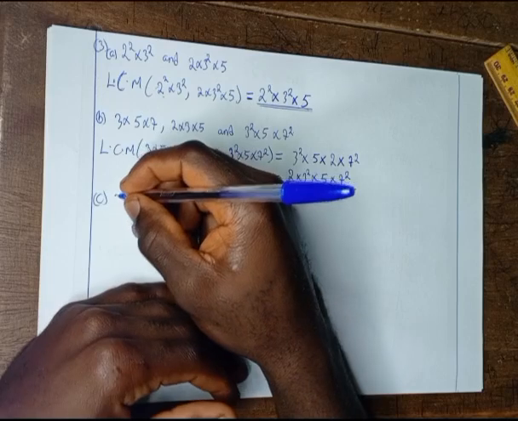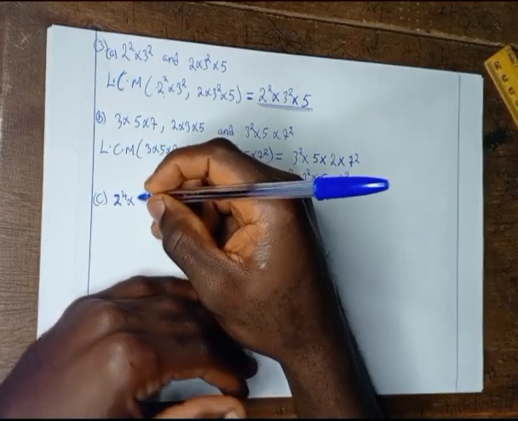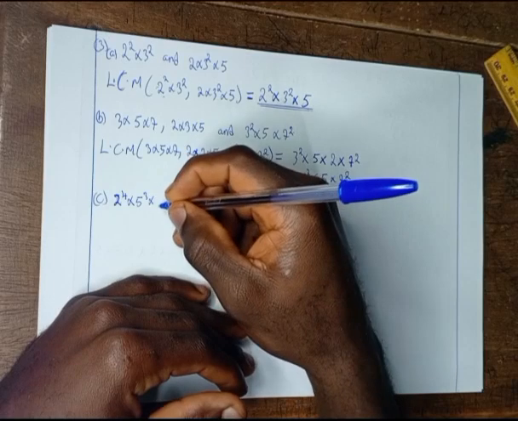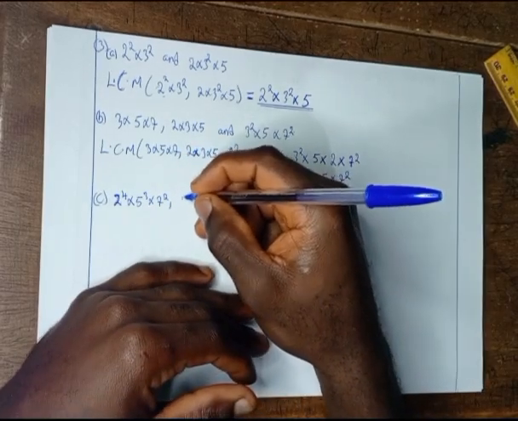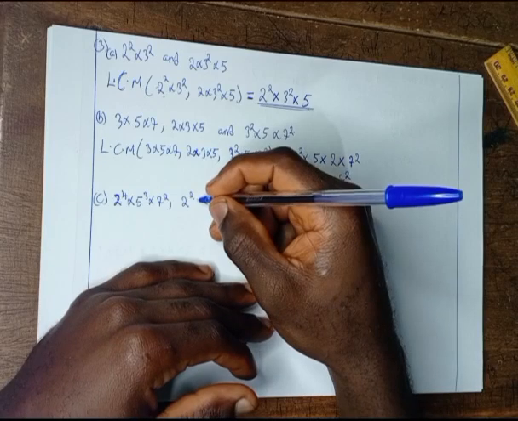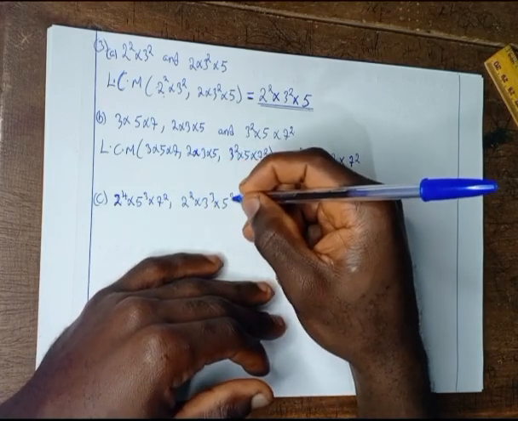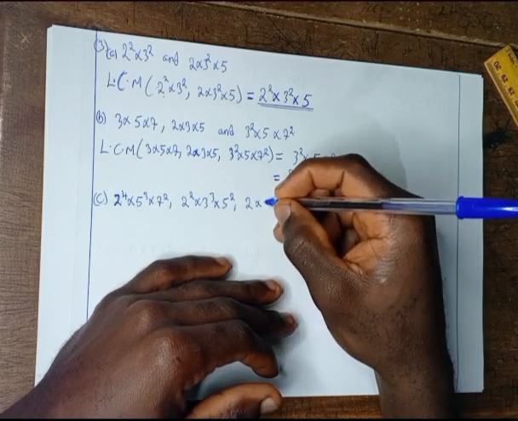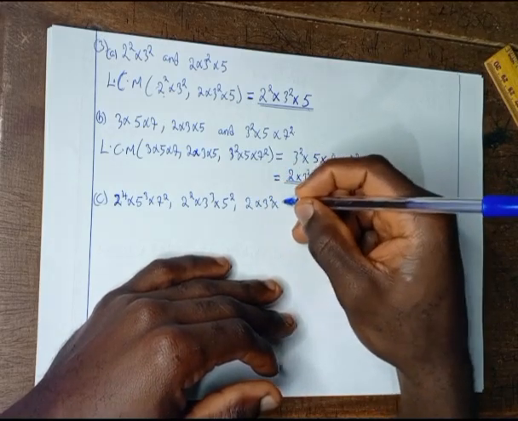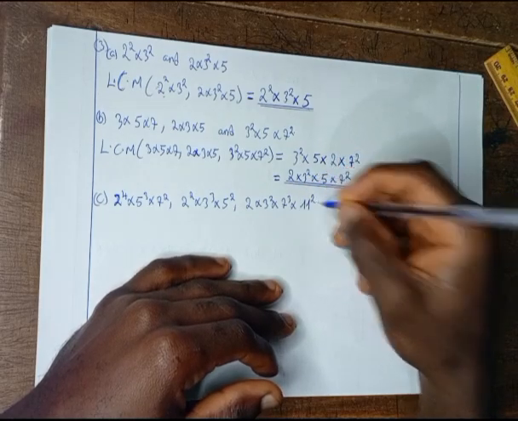For C, we have 2 raised to the power 4 times 5 raised to the power 3 times 7 raised to the power 2 for the first number. For the second number, we have 2 raised to the power 2 times 3 raised to the power 3 times 5 raised to the power 2. For the third number, we have 2 times 3 raised to the power 2 times 7 raised to the power 3 times 11 raised to the power 2.